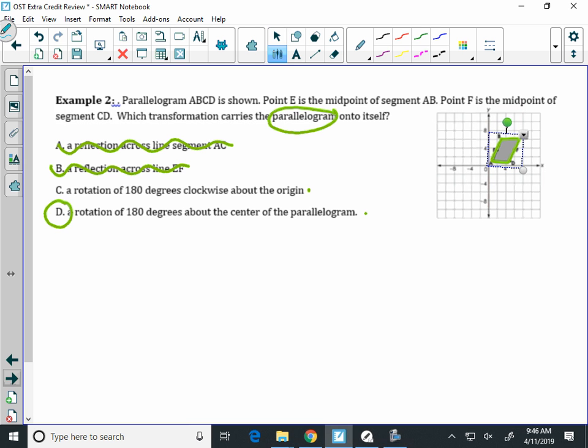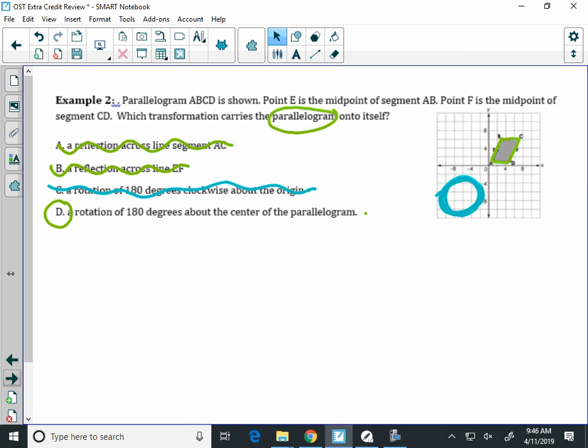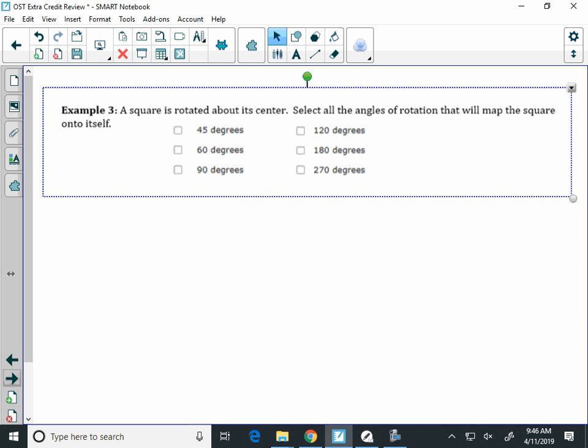So it would end up landing somewhere in quadrant 2, so that's not going to map it onto itself. So it has to be D. Now, if the figure is centered at the origin, then yes, rotating it about the origin will work, but it's not, so it has to be around the center of the figure. Pay close attention to that. They like to ask those questions to trick you.